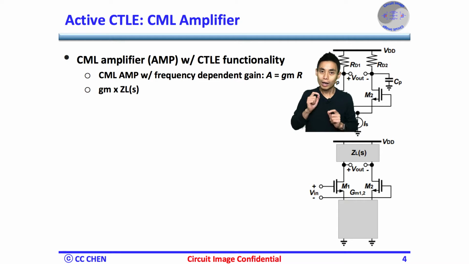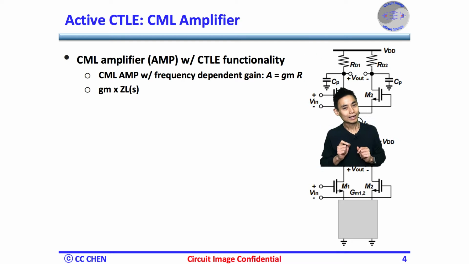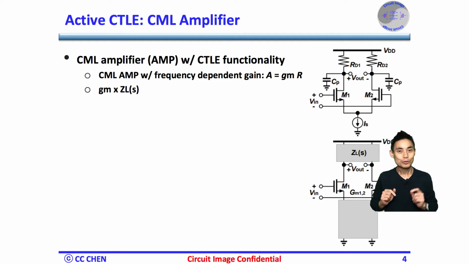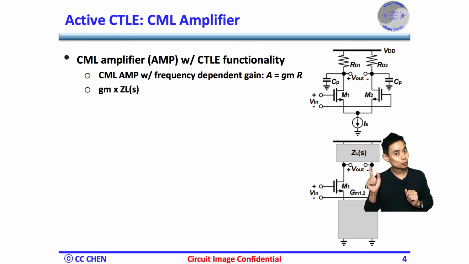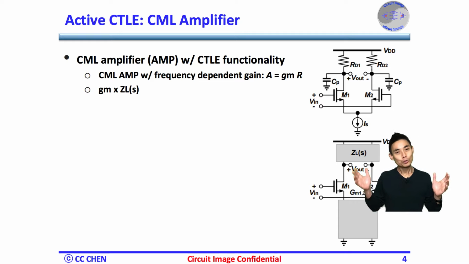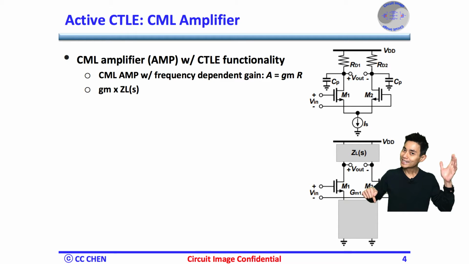Let's start with how we could implement the frequency-dependent gain. Again, since we need to generate the frequency-dependent gain, we can apply a frequency-dependent law instead of the resistive law. Do you have any idea which component can provide high impedance at a high frequency but low impedance at a low frequency?